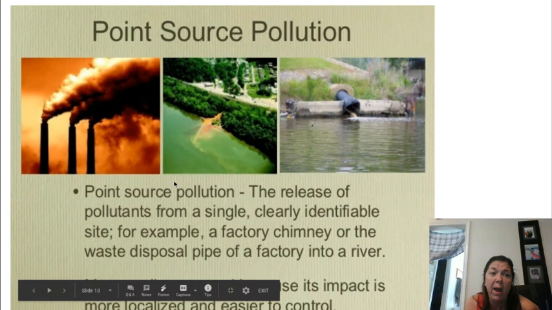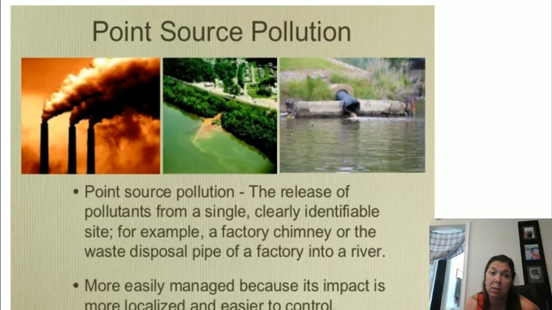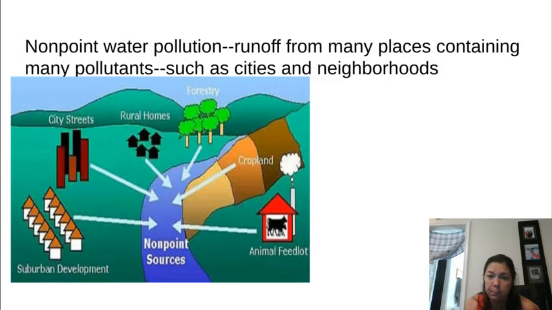Like the factory here is pumping this pollution into the air, which is going to contribute to acid rain, which is going to contribute to water contamination when it comes back to the earth in the form of rain. Like this right here, it looks like a sewer pipe or something of some sort, and it's pumping right back into the river. This is point source pollution because it's coming from one specific location.